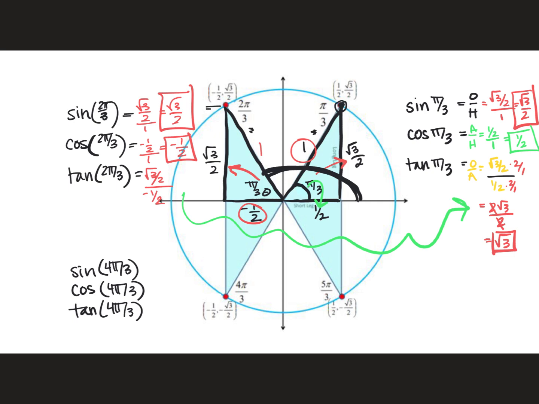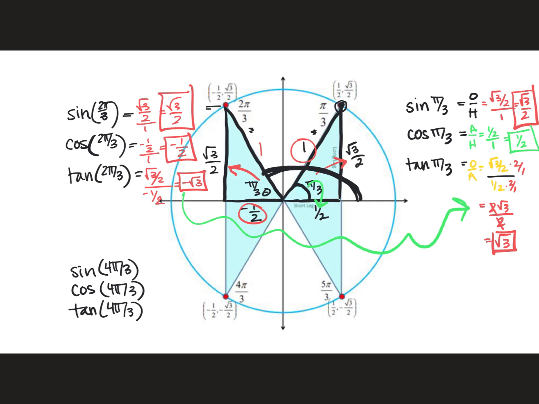Instead, I notice it's the same two numbers, I just have one of them being negative. So if I did the same steps, I would end up with a negative radical 3 instead of a positive radical 3. Then down here on 4 pi over 3 in the third quadrant.